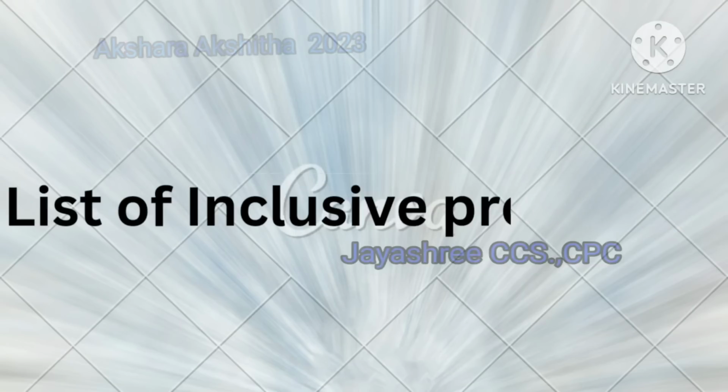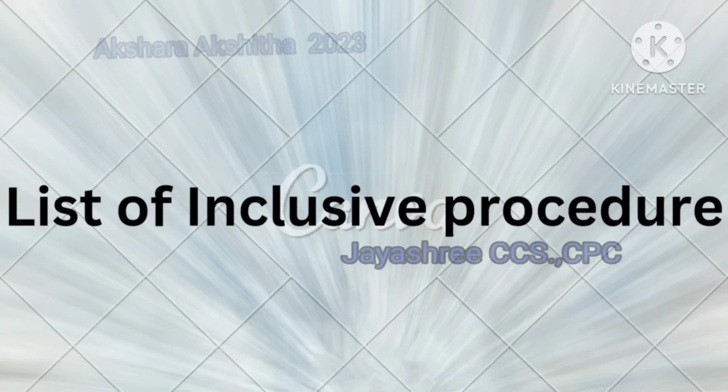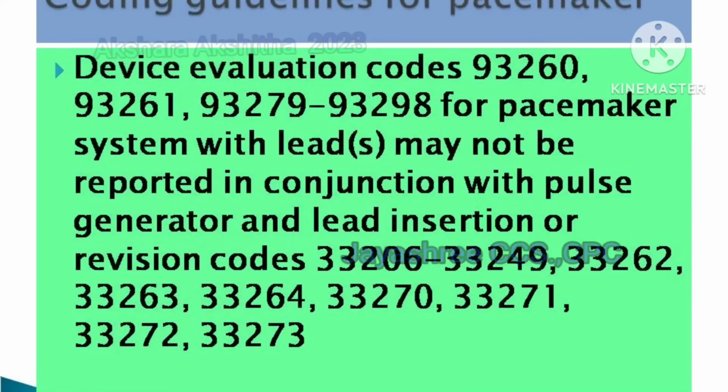Okay. Then the next point is device evaluation codes 93260, 93261, 93279 to 93298. So these are device evaluation codes, and these also we should not report with the pacemaker systems. Okay.